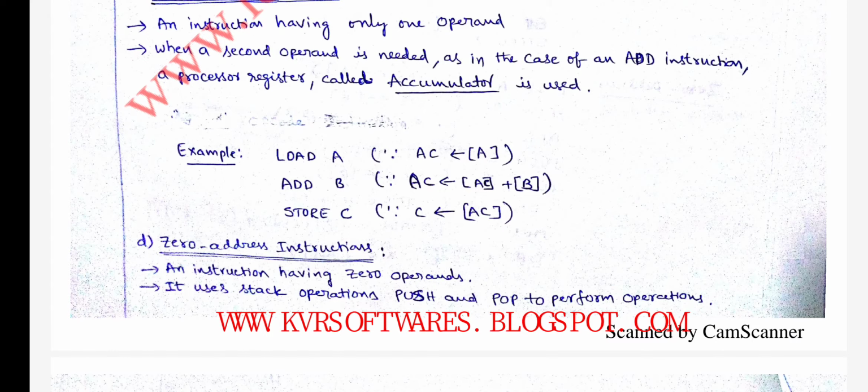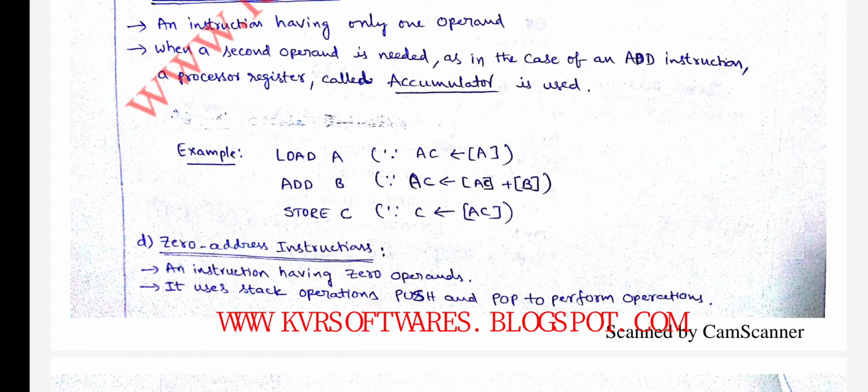Example, first load A. The content is loaded from A to the accumulator register, A to AC, and then add B. Add B means AC already contains the contents of A, and we have to add the content of B to the existing accumulator and store the result again in the accumulator.